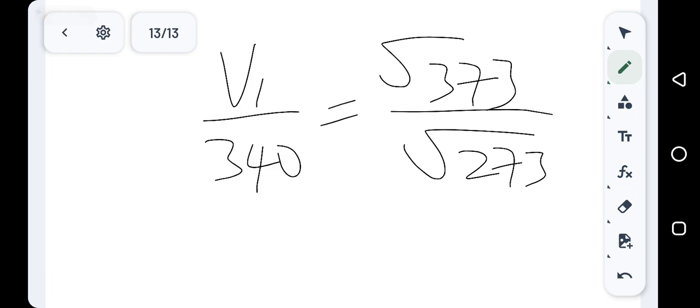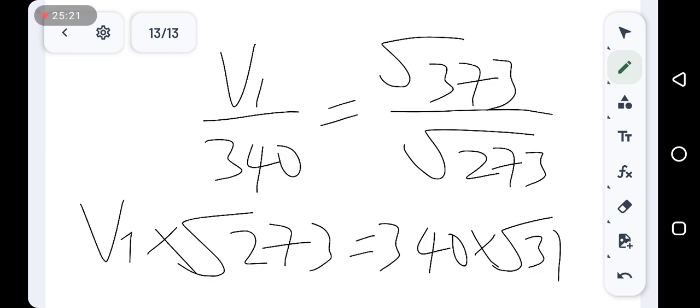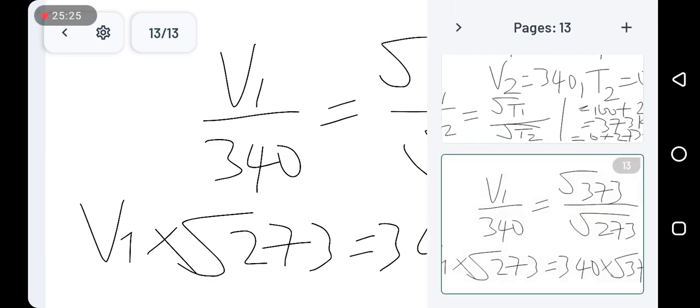Now, what it means is that V1 multiplied by root 273 is equal to 340 multiplied by root 373.